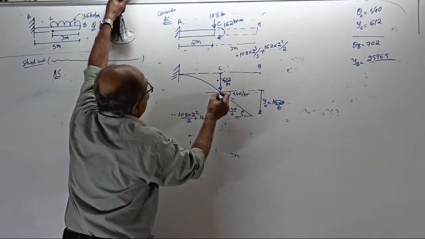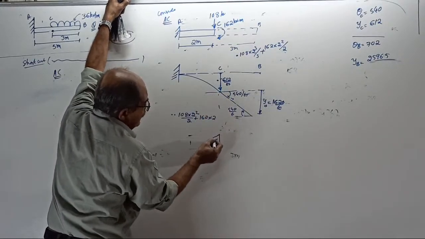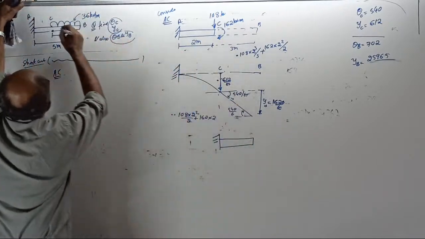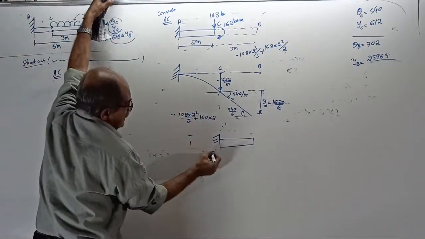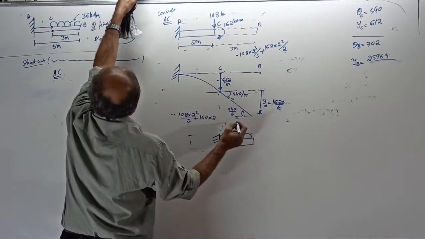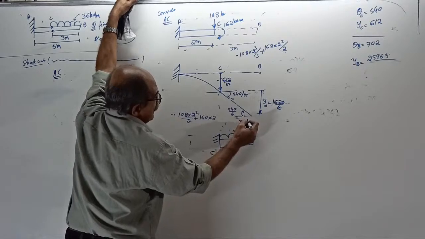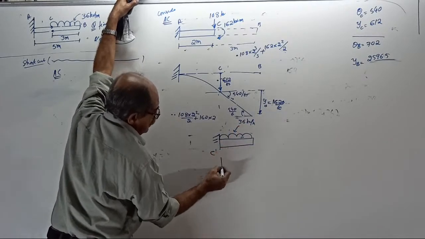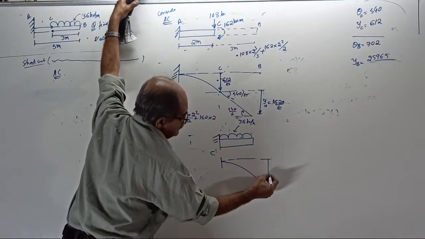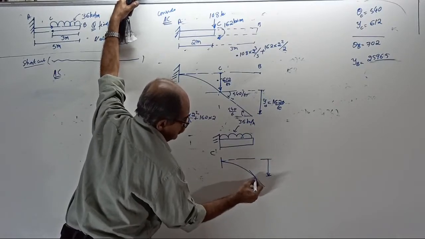Now, below, consider another cantilever from C up to B. Now C is fixed. Now you got loading, UDL, 36 kilonewton per meter. Therefore, this beam will bend like this. Tell me this deflection and this slope.